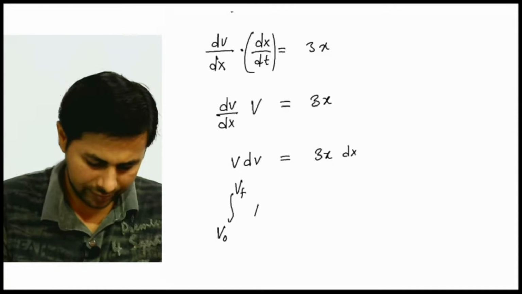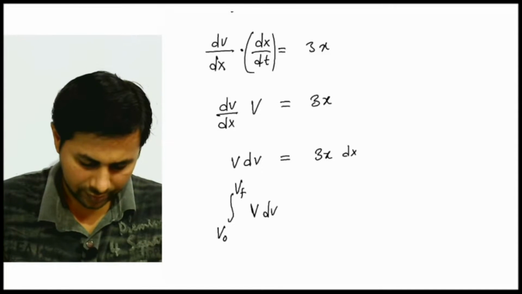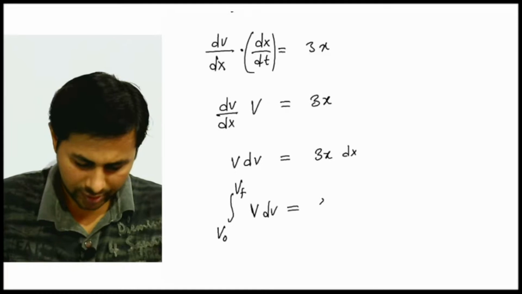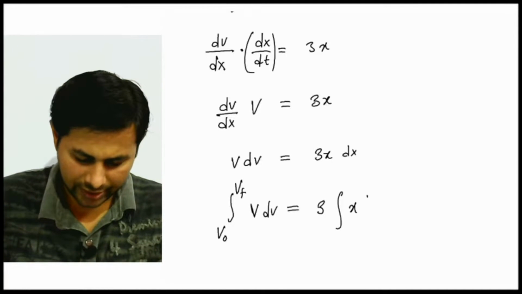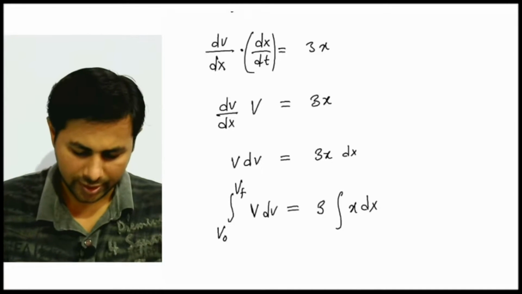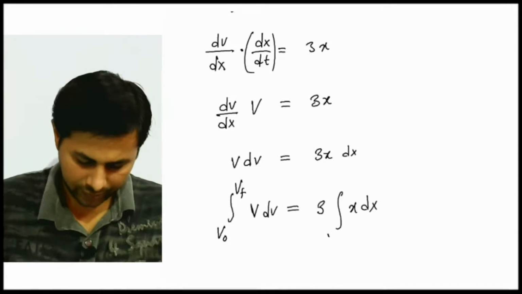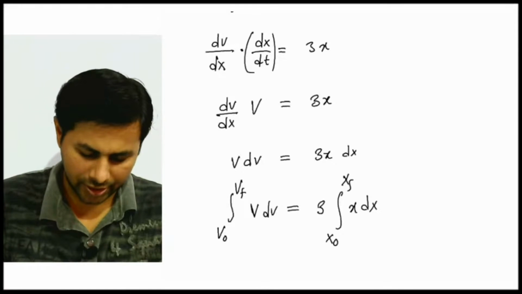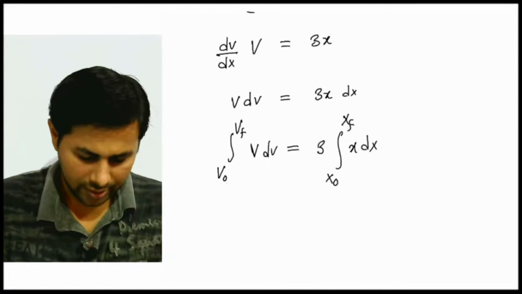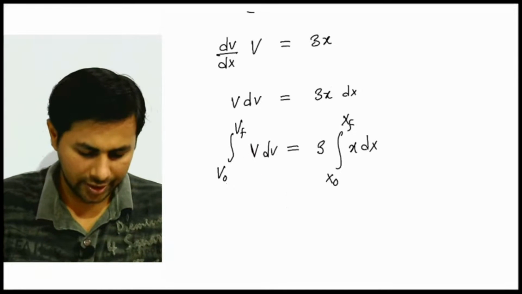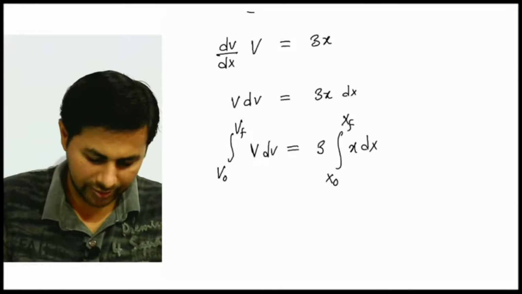Okay, so let's say v naught to vf, integral of v dv is equal to 3 times integral of x dx from the initial position x naught to final position xf. Okay, so integral of this will be v squared divided by 2.